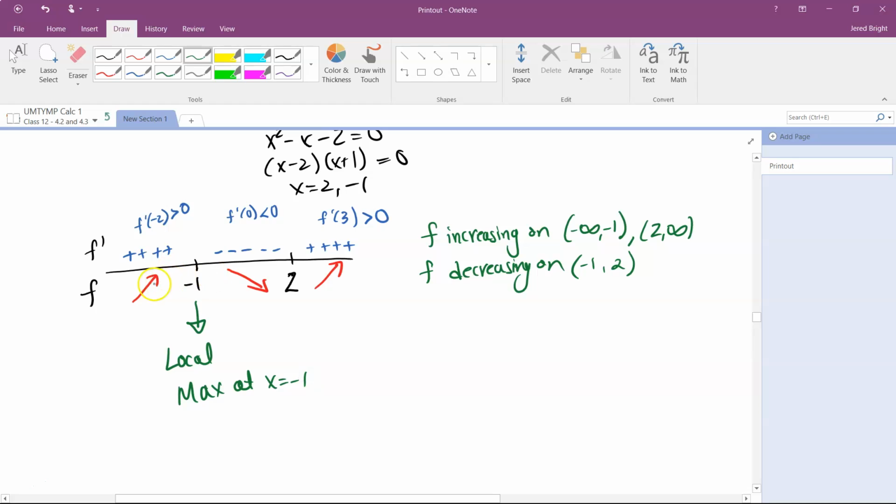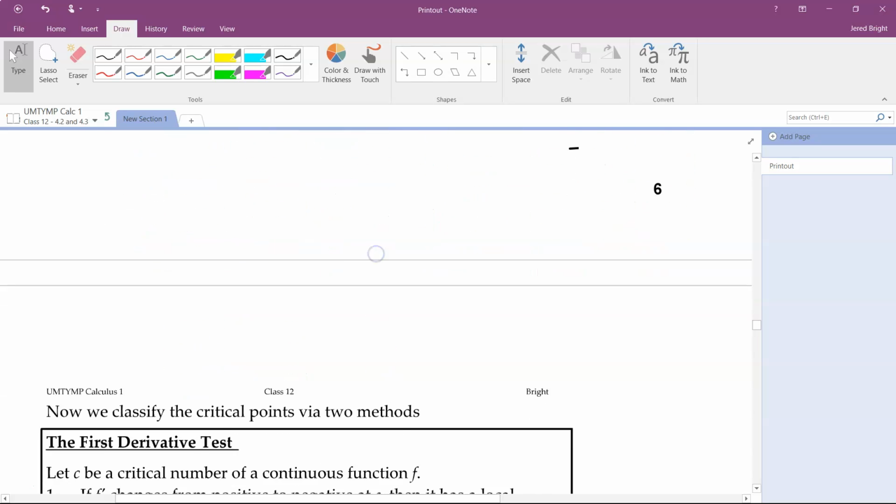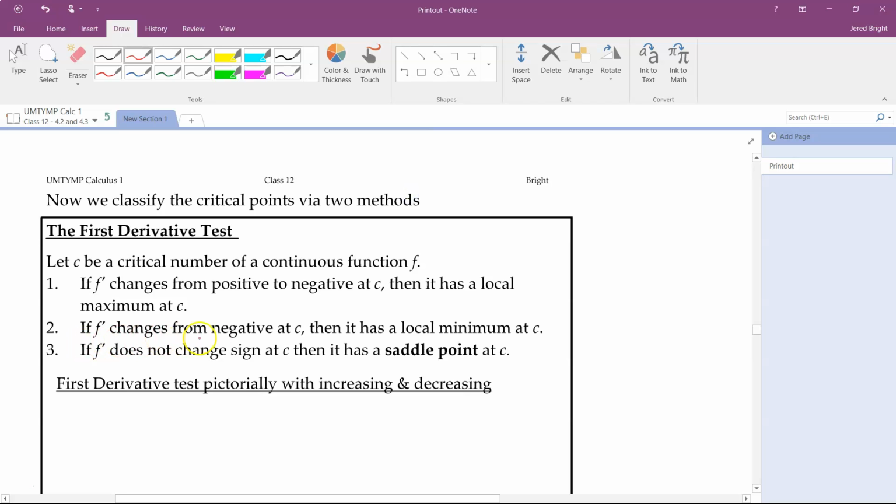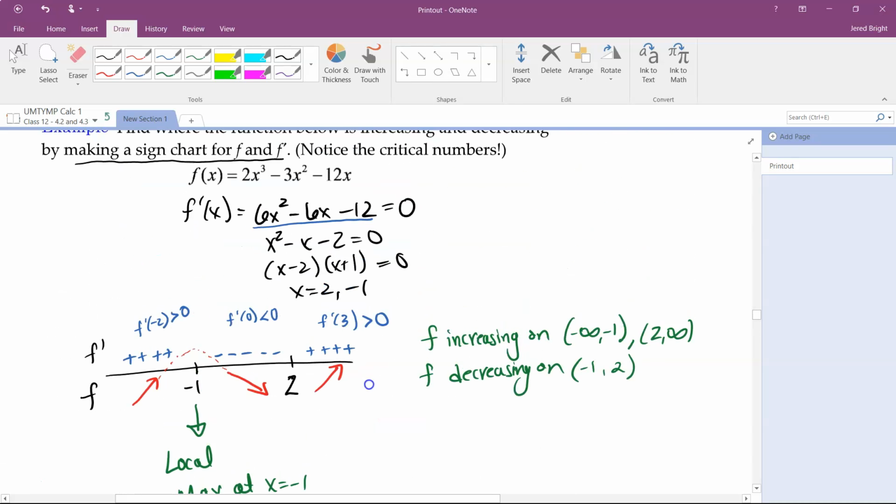And you can almost visualize this, right? If you were to just continue this up and then go down there, you would see that it makes sense that there's a local max. If f prime changes from negative to positive at c, it has a local min.